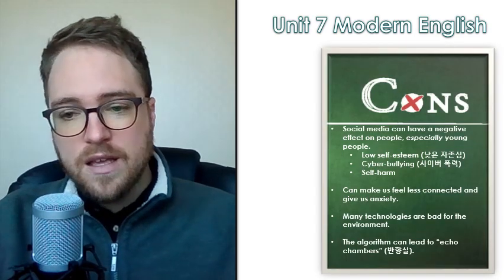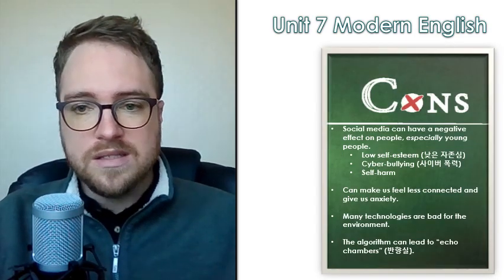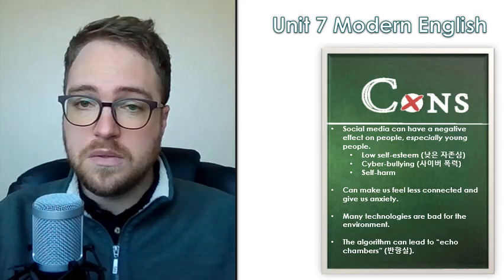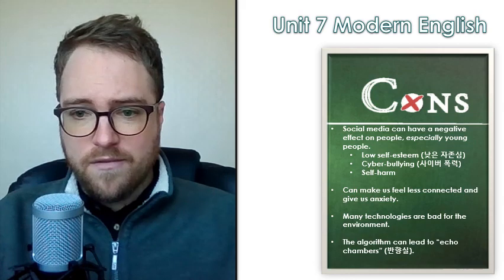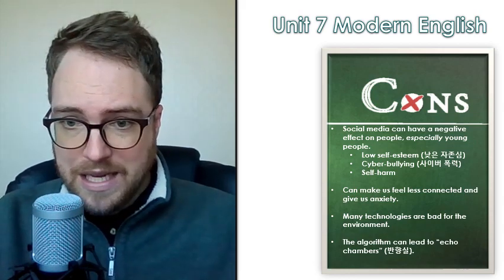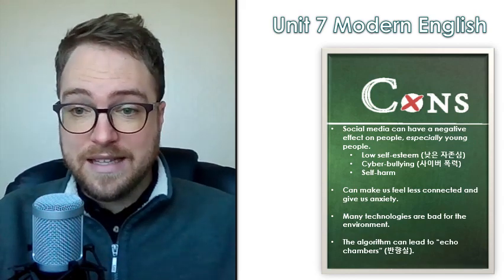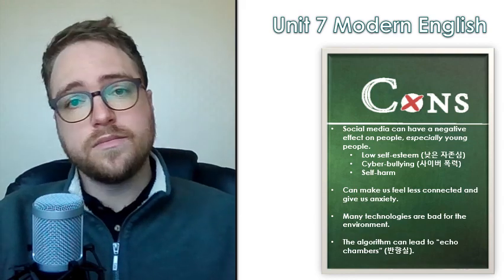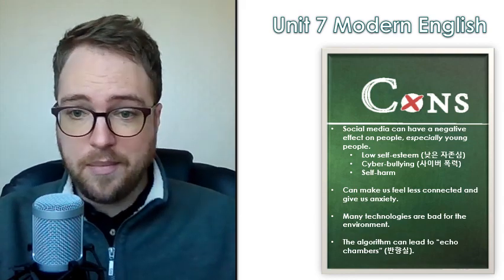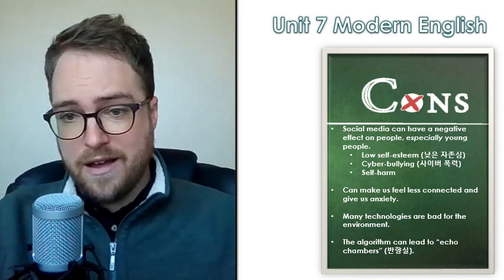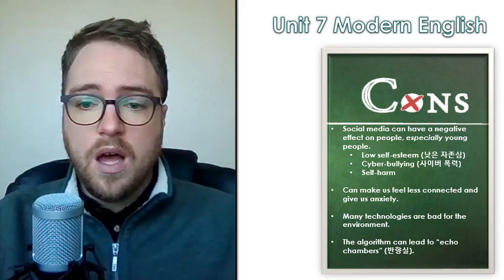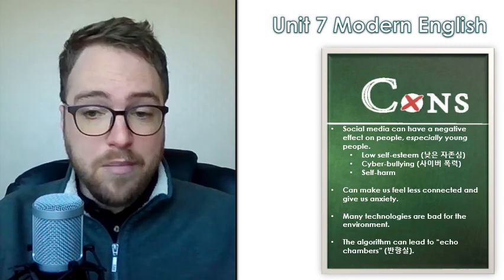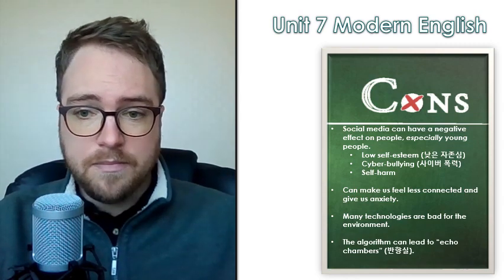But there are also some cons to technology, some bad things. For instance, social media can have a negative effect on people, especially young people. They can have low self-esteem, and cyberbullying is a problem.